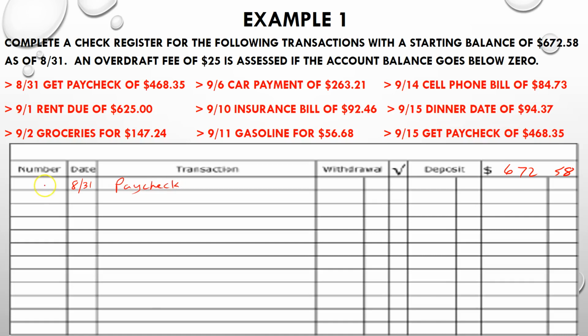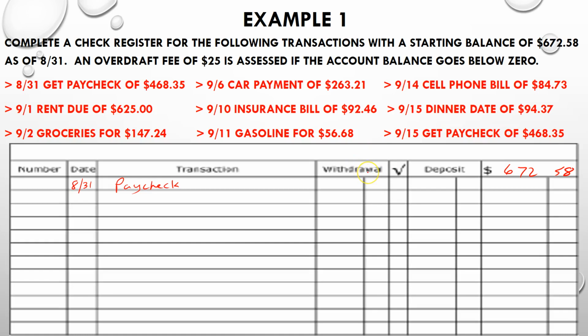Now you can put in the number, but since it's not my check, it would be the school district writing me a check. I don't really need to keep track of their check numbers. When I'm writing a check, I would put that check number in there. But since I'm receiving a check, I don't really care about the number. Now, my paycheck is for $468.35. I do not want to put it in the withdrawal column because I am not withdrawing this money.